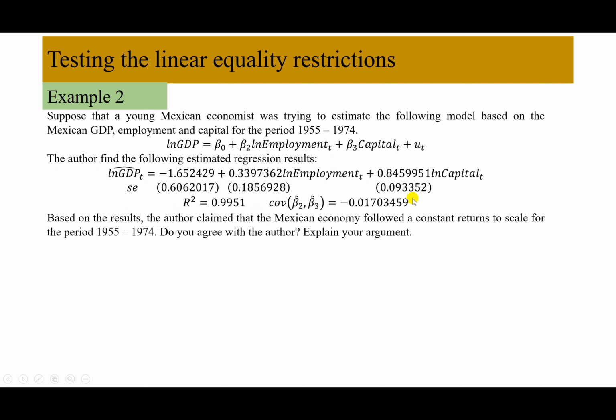Since we have the value of the coefficients and the covariance of the coefficients beta 2 and beta 3, we can use the t-test approach to test whether the economy exhibits constant returns to scale.